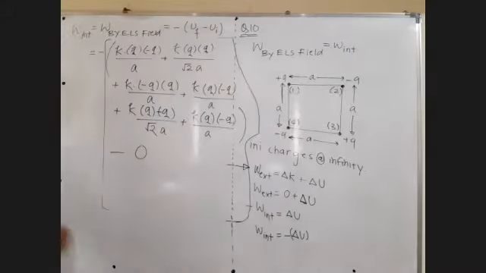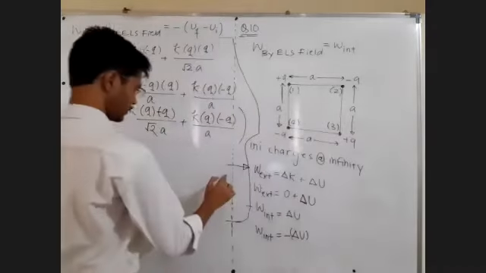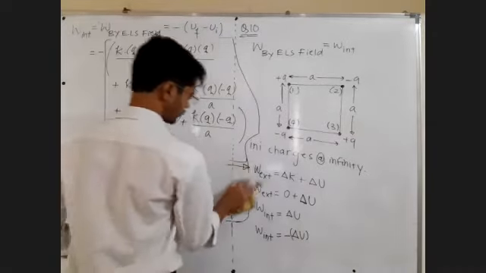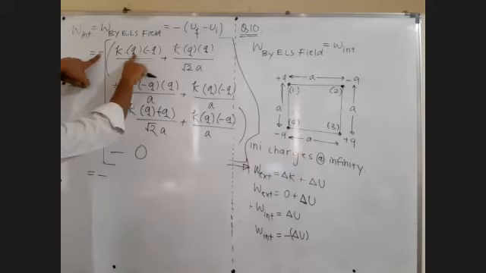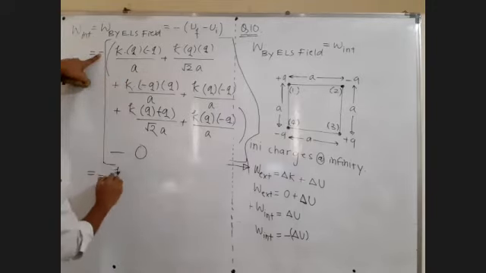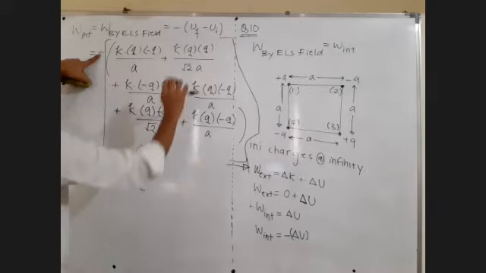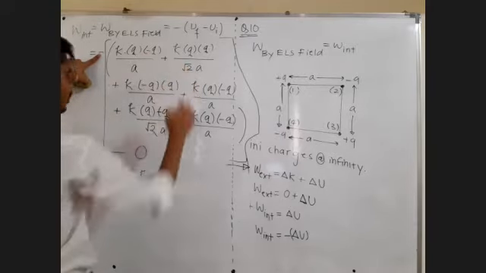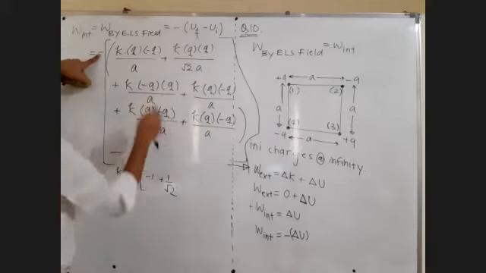Fine. Next. Sir, what can be taken as common? Sir, the final answer is equal to this minus sign, and K into Q square upon a can be taken as common. Let's do that. K into Q square upon a common in the bracket.